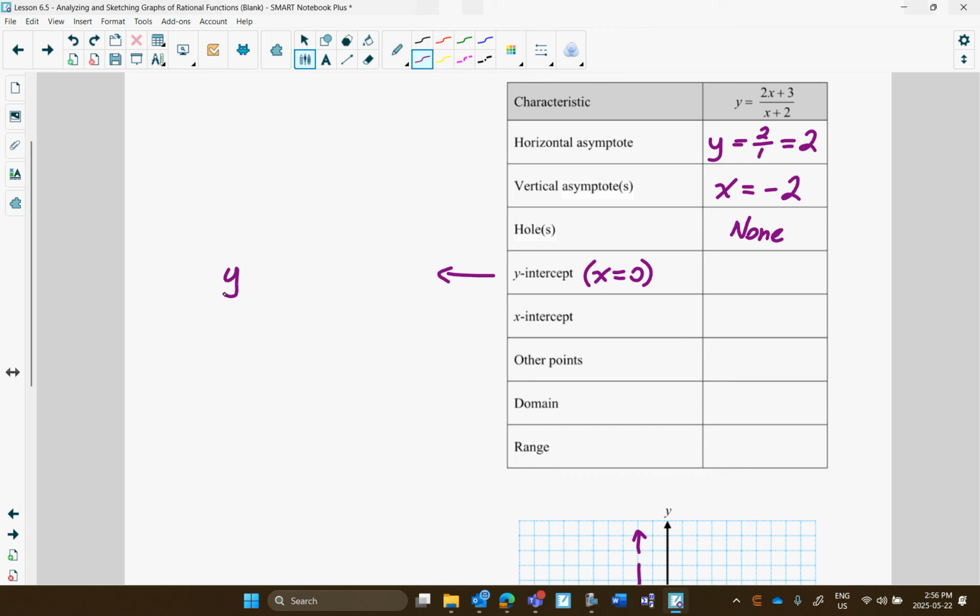So therefore, the y-intercept is going to be 2 times 0 plus 3 over 0 plus 2, which is 3 over 2. I'm actually going to put a decimal, 1.5. So the y-intercept is 1.5.